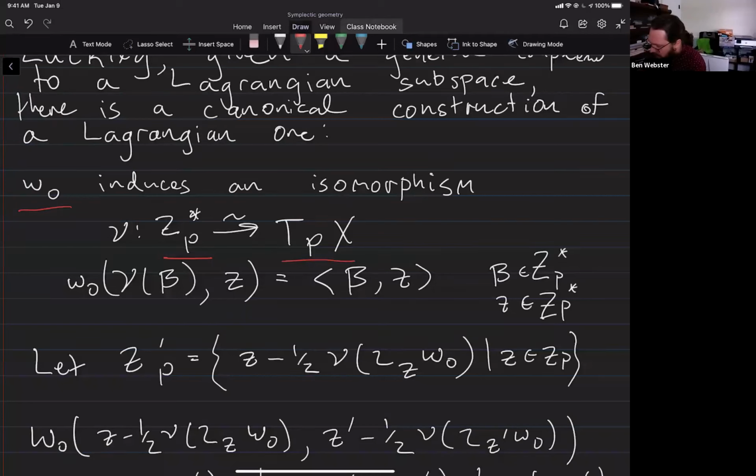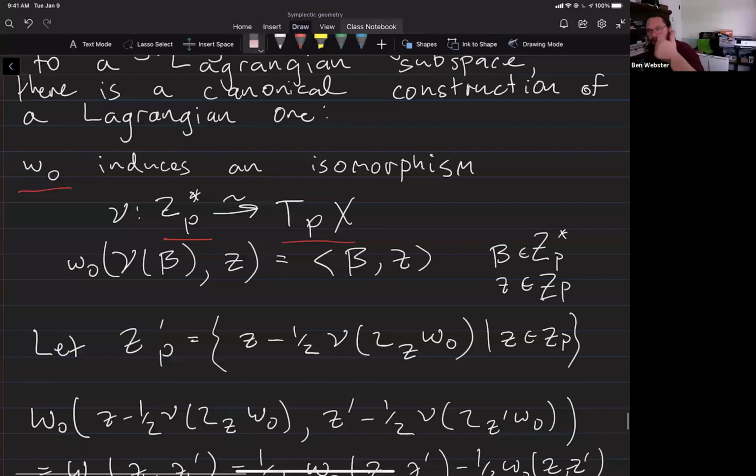So I can define a map nu from the dual of Z to this tangent space to X by the rule that the symplectic form on nu of beta, where beta is an element of the dual, paired with z in my Z_p, is the same as pairing that functional beta with z in the usual way that Z dual and Z pair. So this is sending an element of the dual of Z to the unique element of the tangent space of X that pairs that way under the symplectic form.